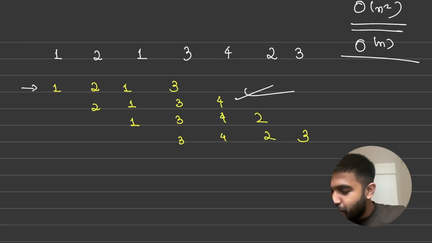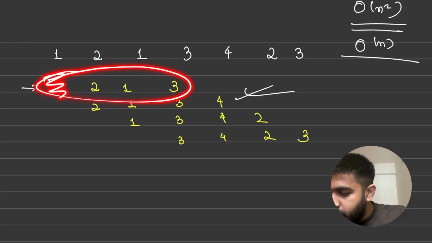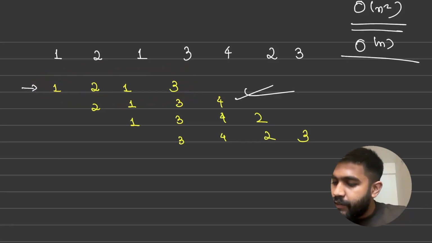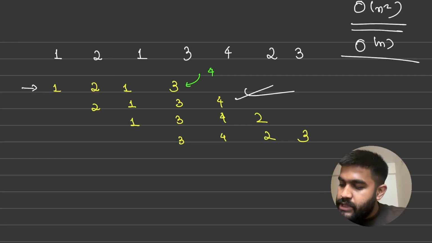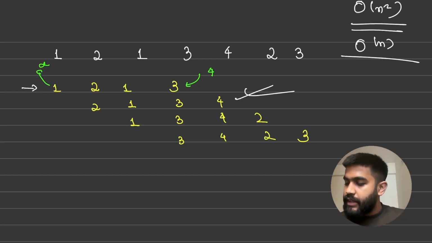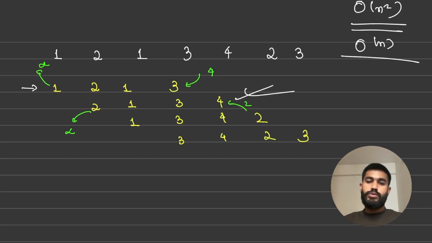You can see that from this first subarray, 1 went out and 4 came in. So the second subarray is nothing but insertion of 4 and taking out of 1. Then again, this is insertion of 2 and taking out of this 2. That would solve the purpose.